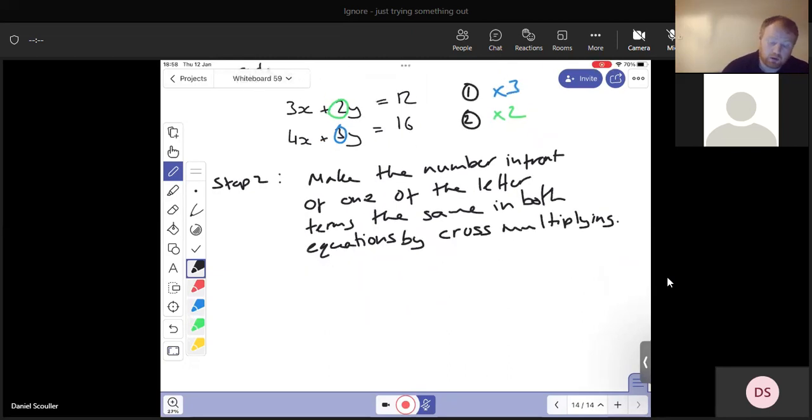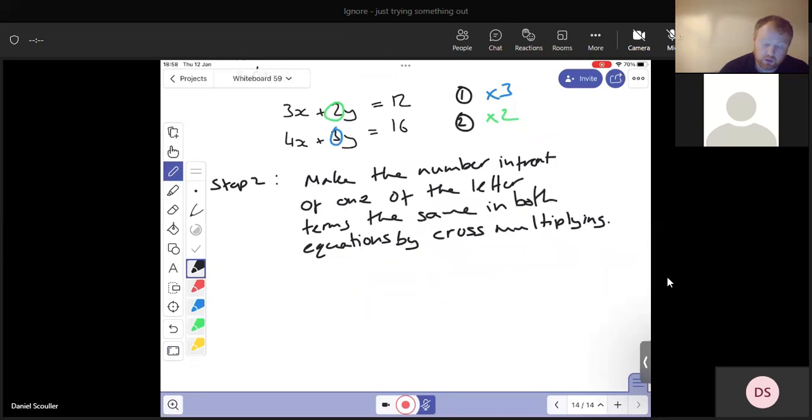So that means equation 1, you multiply that whole thing by 3. We get 9x plus 6y equals 36. And equation 2 would all be multiplied by 2.